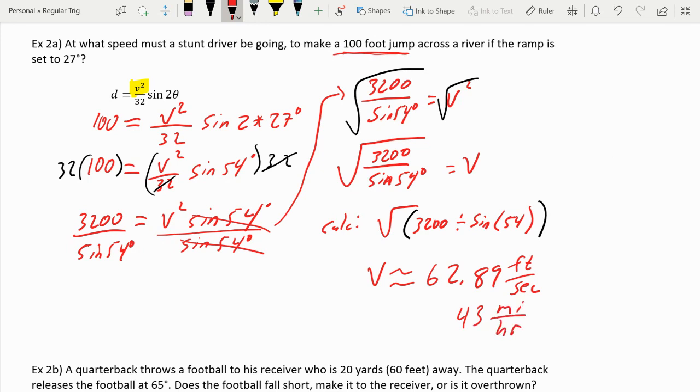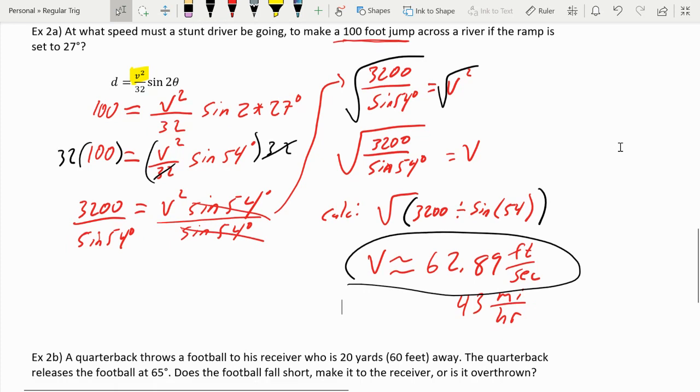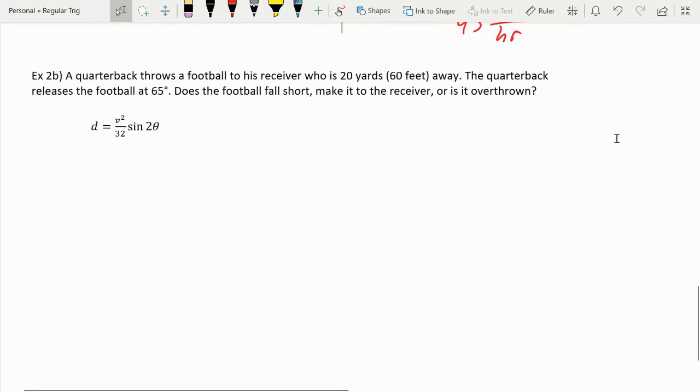So if this stunt driver wanted to make a 100-foot jump on a 27-degree ramp, this driver would have to be going about 43 miles an hour, or 62.89 feet per second. This is the answer that we'll be looking for. But I figured I'd at least make it miles per hour so we can have a little understanding of the speed.